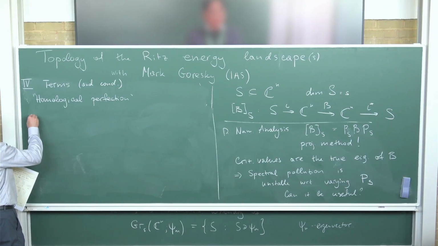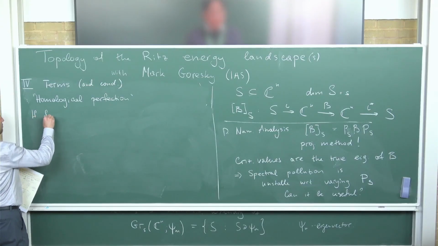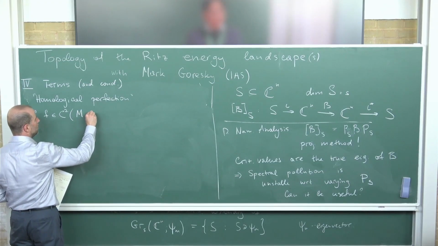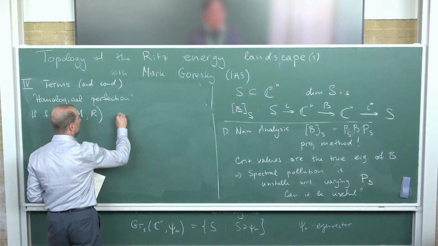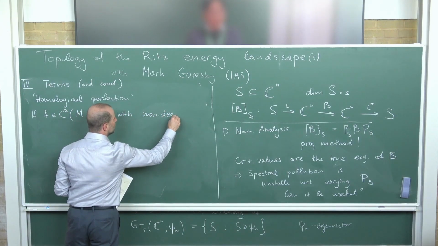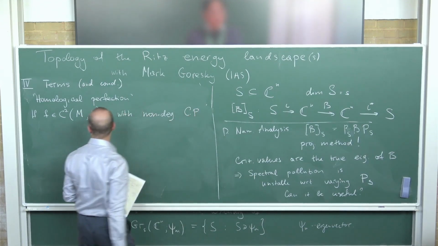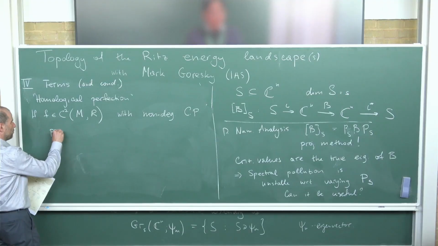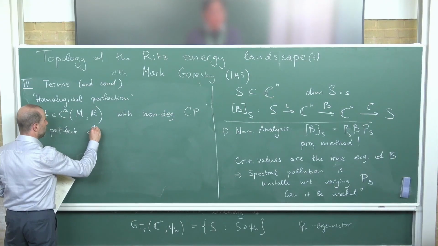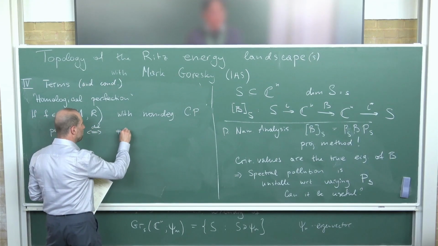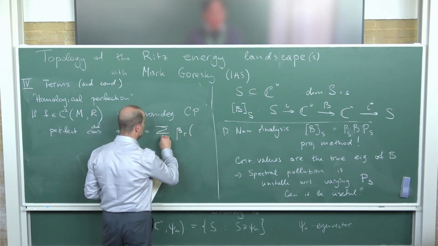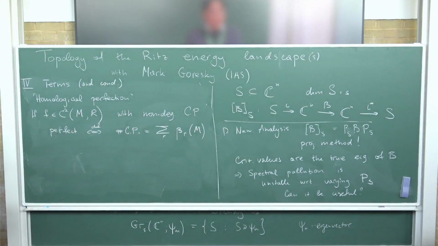So if a function is Morse, if f is a C2 function on some smooth manifold M into R, with non-degenerate, in particular isolated critical points, then the definition of a perfect function is that the number of its critical points is equal to the sum of the Betti numbers of the manifold.